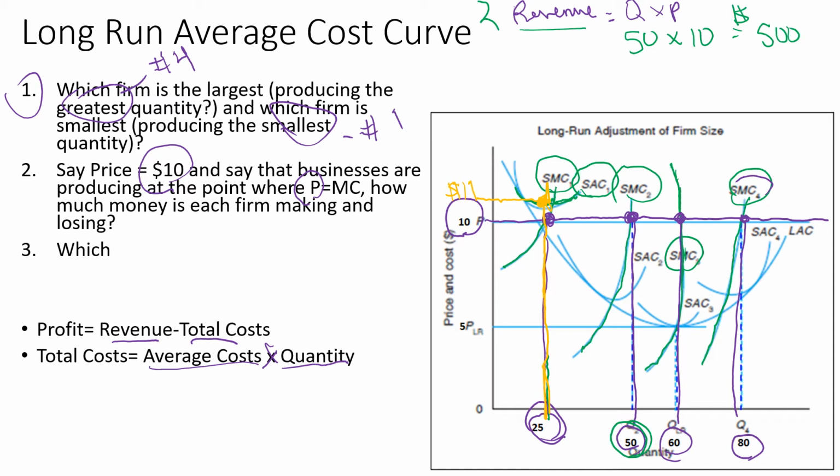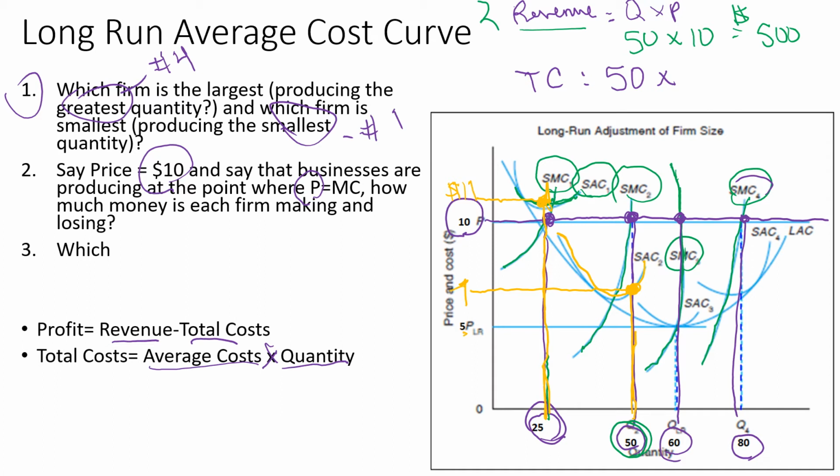What it's going to cost them, their total cost, is the quantity that they are producing, 50, times their average cost at that point. So we're going to follow 50 up to the average cost curve. It meets it right there. Then we're going to follow that over. That looks like about $7.